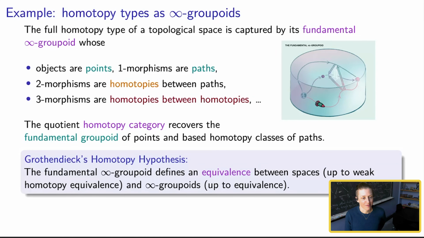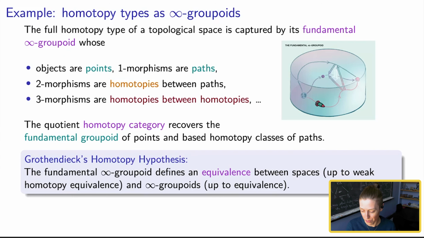And there's a theorem referred to by the name Grothendieck's homotopy hypothesis that says that this infinity groupoid really captures all of the homotopical data of a topological space. So you might know that a topological space has all of these invariants, which are called its homotopy groups.